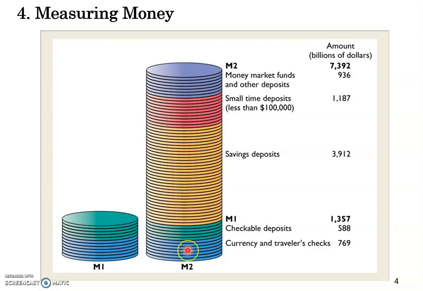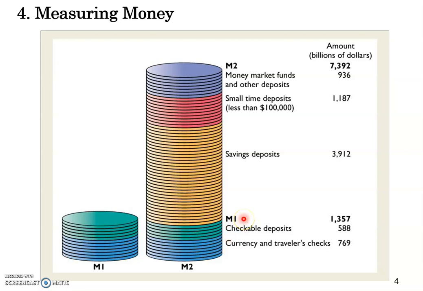So you may take a little bit of time or effort to do that. That's why we said that M1 is actually the most liquid asset. And M2 includes some relatively less liquid assets, but they're still readily usable to make any payment.